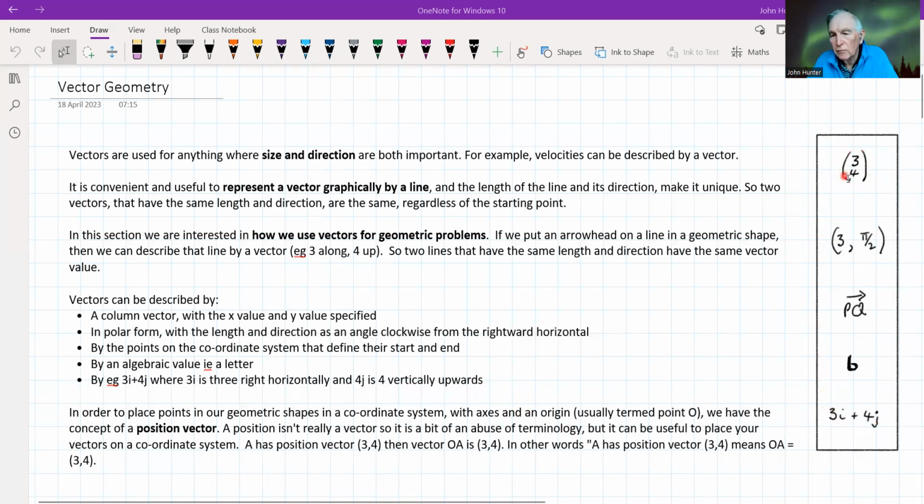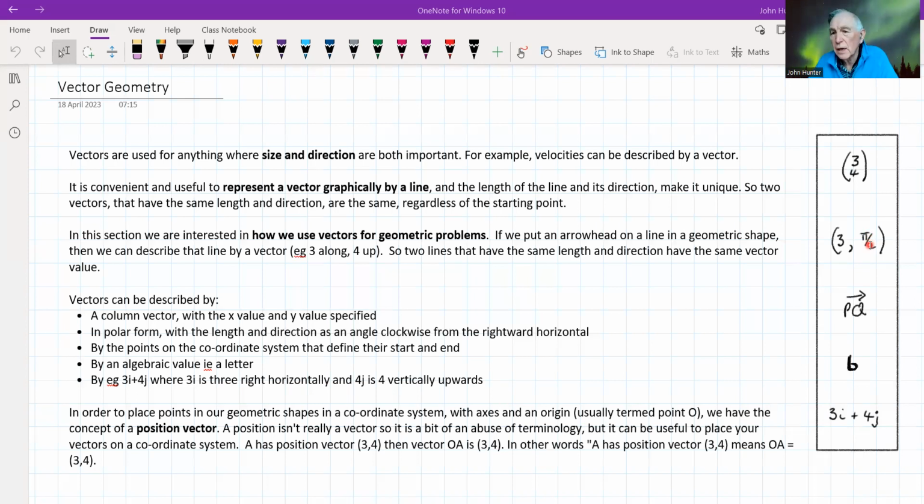This is a column vector. When I say 3 along 4 up, that's what we're saying with this form. This is a polar form, so this would be the magnitude, the actual length of the line, and this would be its orientation. Sometimes we measure it anti-clockwise from rightward horizontal.